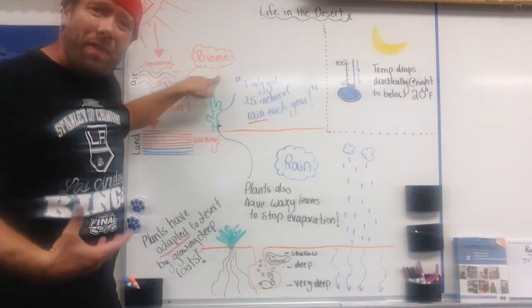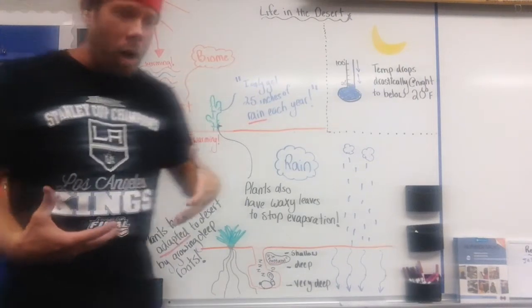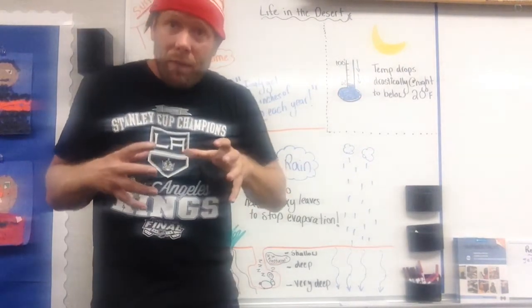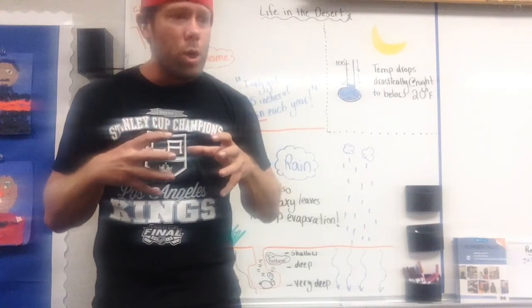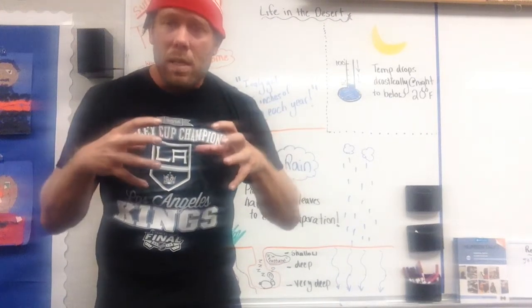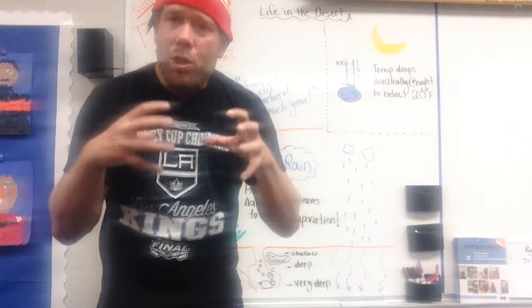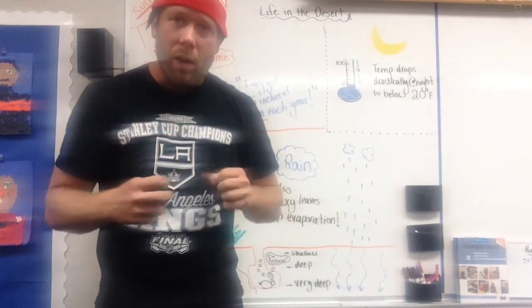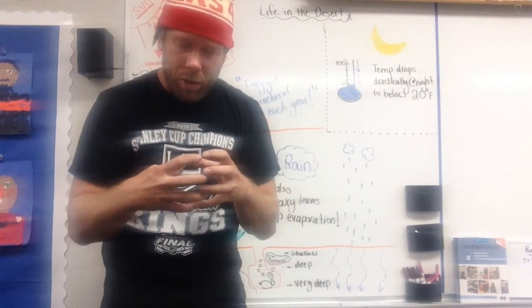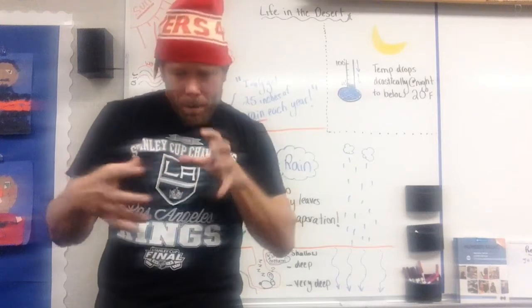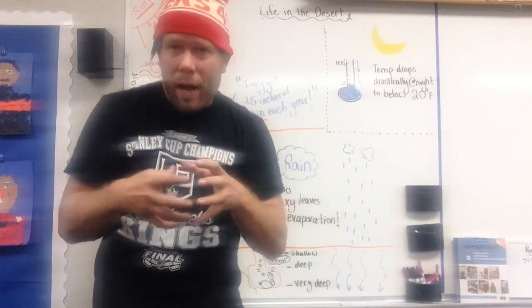First thing you need to know is that the desert is a biome, and scientists classify biomes according to if there are a lot of features that are characteristic of one particular area. So deserts have a lot of characteristics that are very similar. So they're like, all right, that's a desert area.